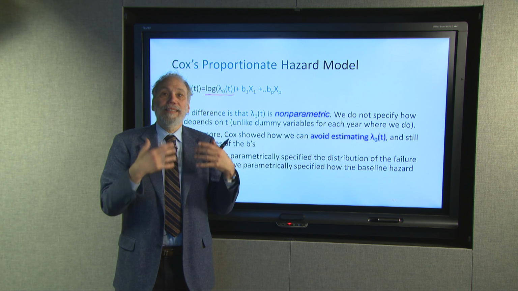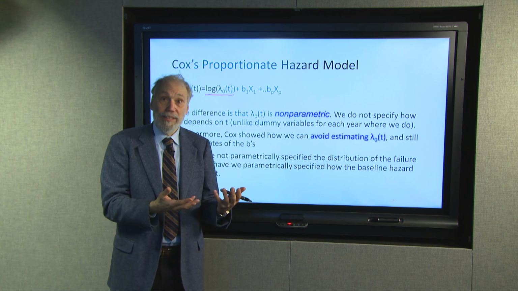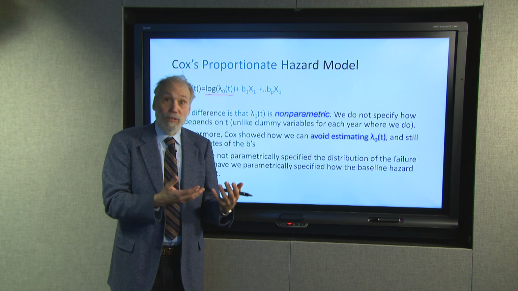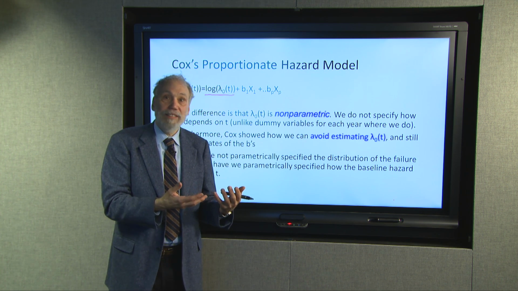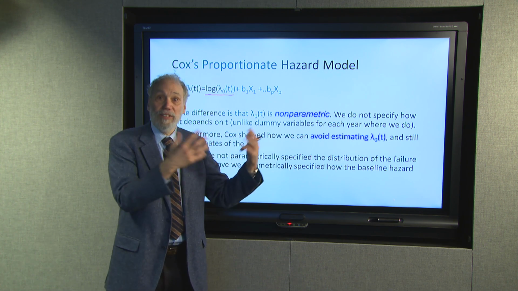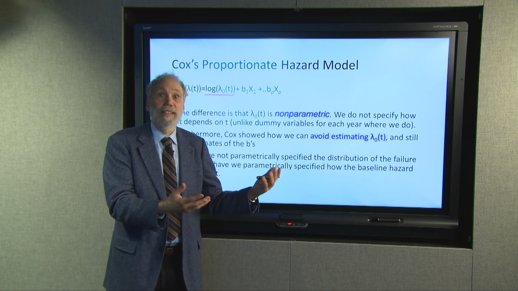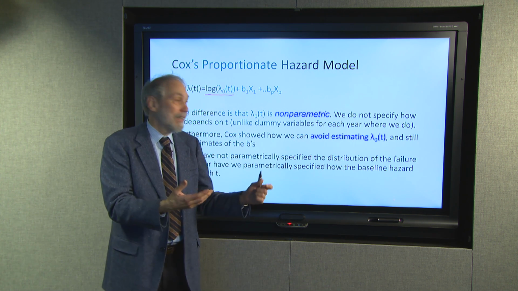But the point is, I do not have to specify some function that describes how the baseline hazard varies. I just say it's some non-parametric function, and I don't care what it looks like, because I can estimate my coefficients without knowing it.